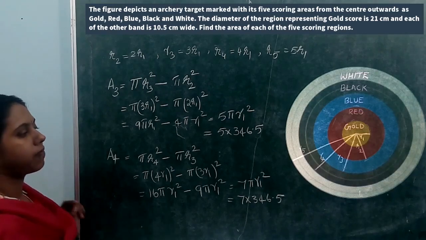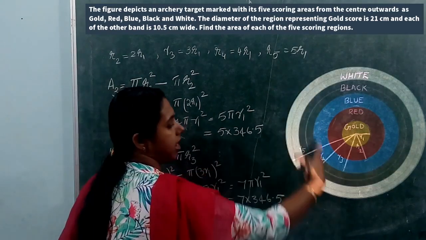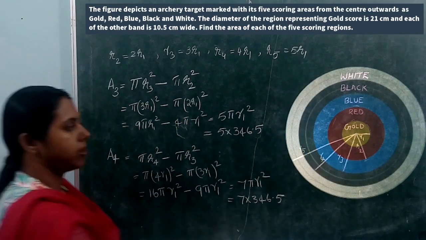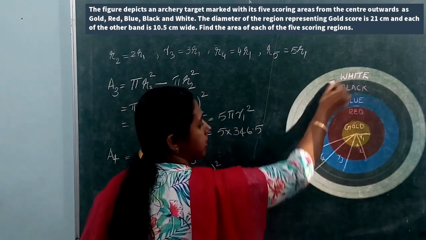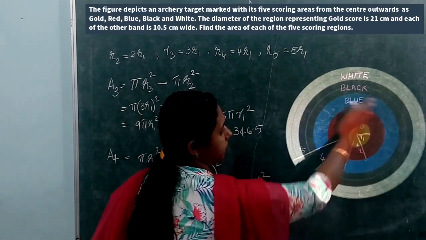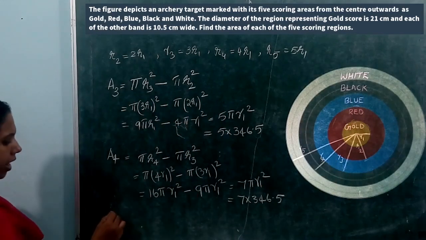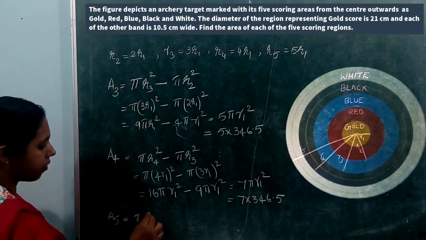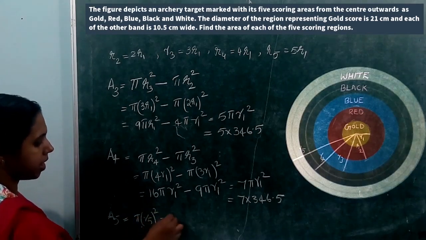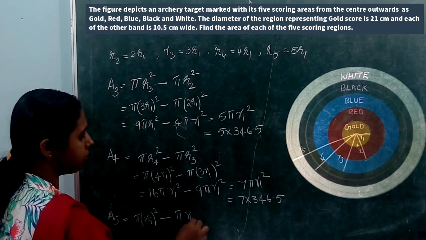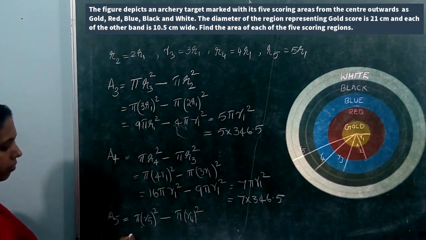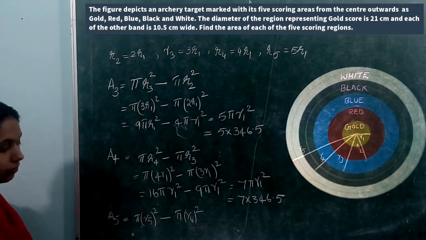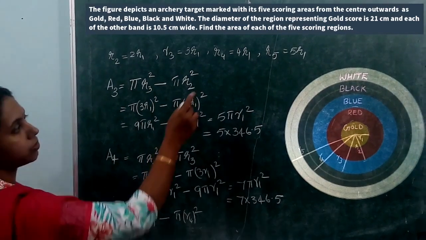The same way you can find the fifth region, that is the white region. Area of the white region you can find out. So the big circle minus area of this part. So area of fifth region is equal to pi r5 whole square minus pi r4 whole square. Same way you will get it here. Pi into r5 is equal to 5r1.